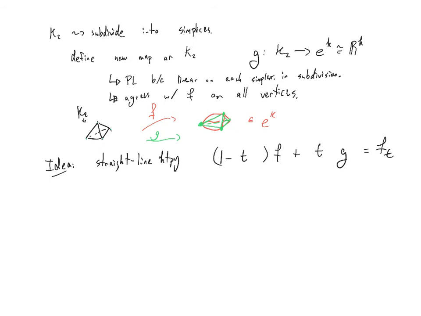Okay, so think of this little buffer of cubes between K2 and K1 as our buffer between what's going on out at f inverse of D2.